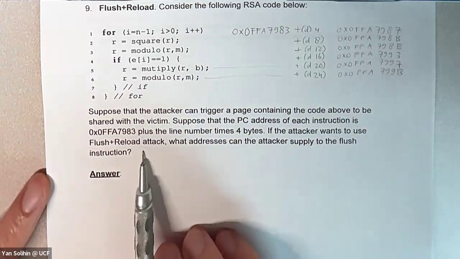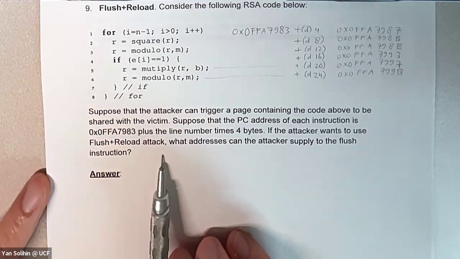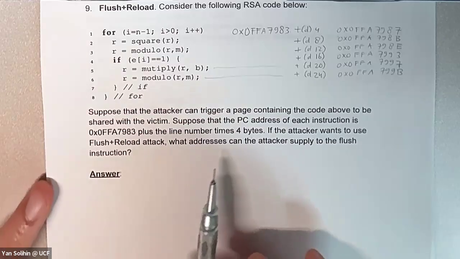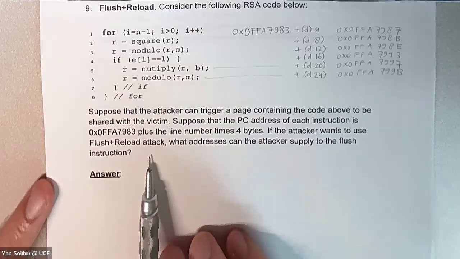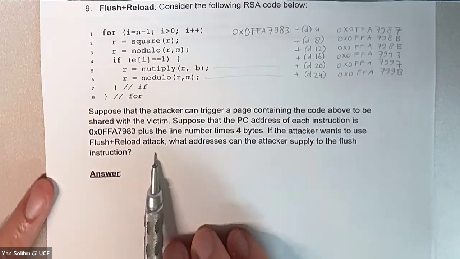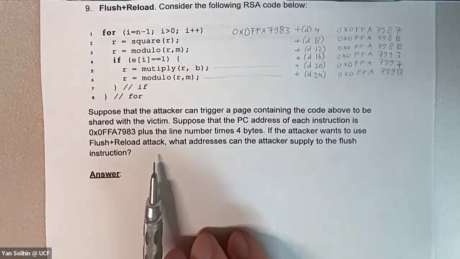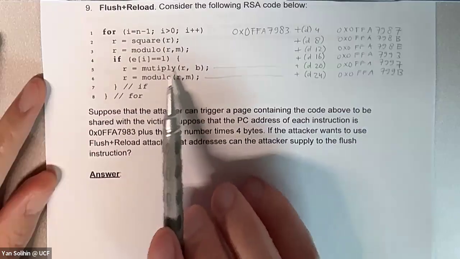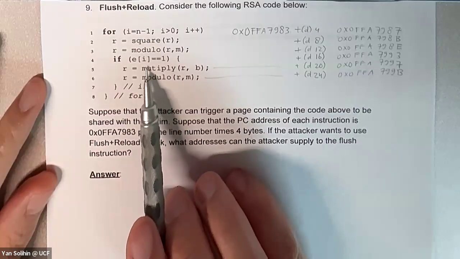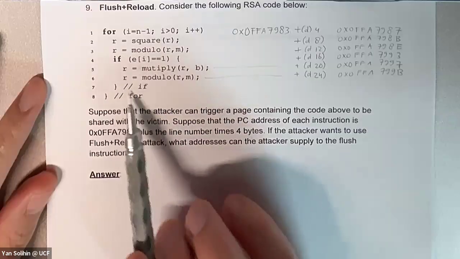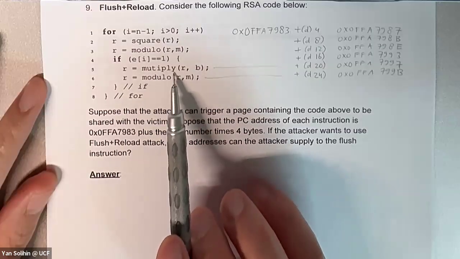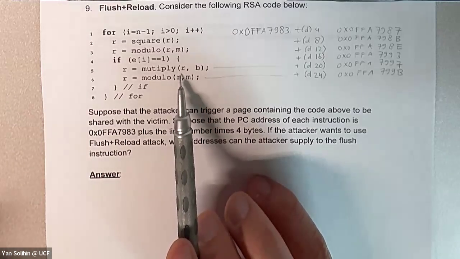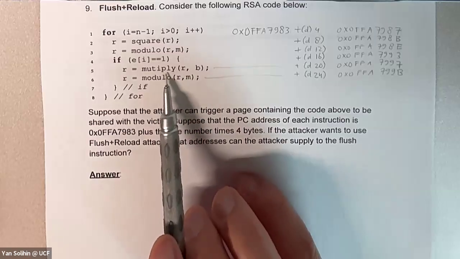If the attacker wants to use flush and reload attacks, what should be flushed? What instructions should we evict from the cache? The most obvious one is the multiply, because the multiply only appears inside the if statement.